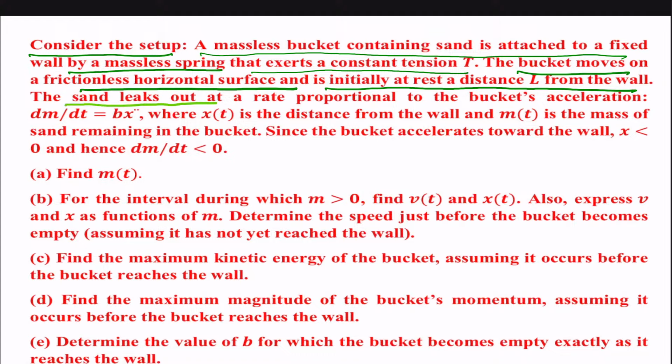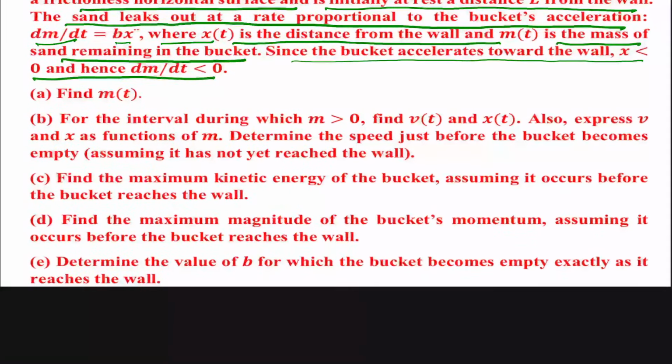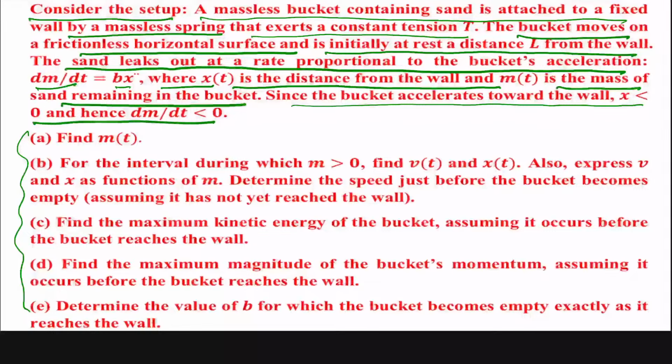The sand leaks out at a rate proportional to the bucket's acceleration, dm by dt equals b x double dot, where x of t is the distance from the wall and m of t is the mass remaining in the bucket. Since the bucket accelerates towards the wall, x double dot is less than 0, and dm by dt is also less than 0, basically negative.